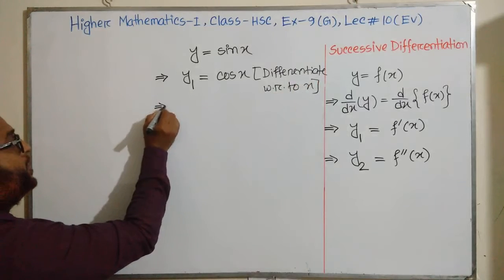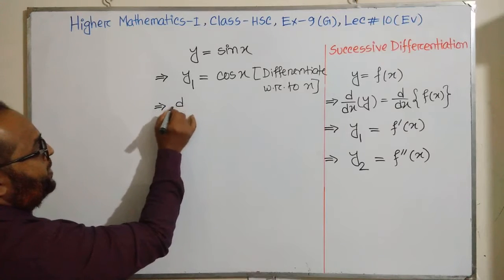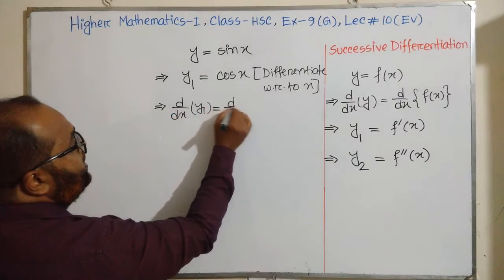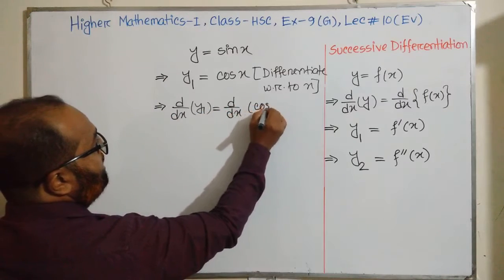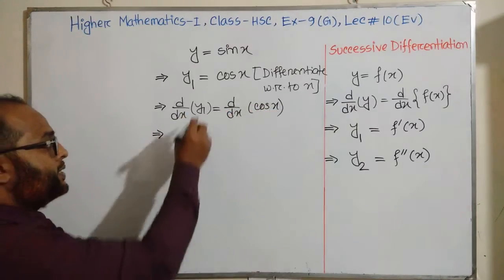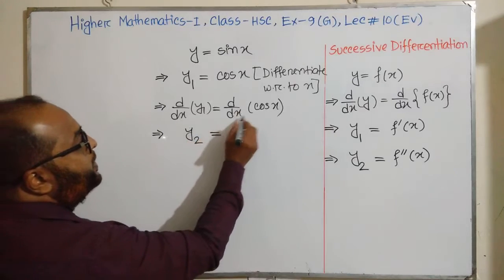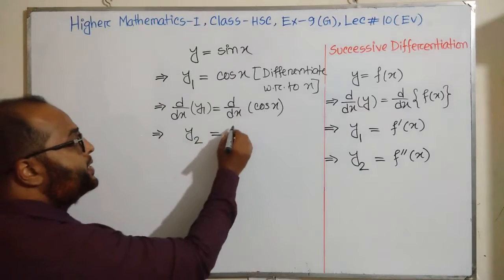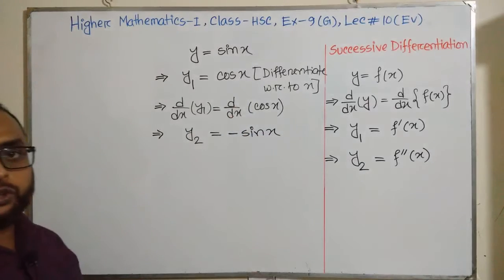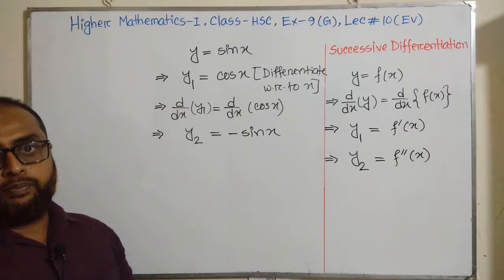If we differentiate both sides again with respect to x, that means d/dx of y1 equals d/dx of cos x. So d/dx of y1 can be written as y2, which equals d/dx of cos x, this is minus sin x. So in this function we can find the derivative up to the nth term.